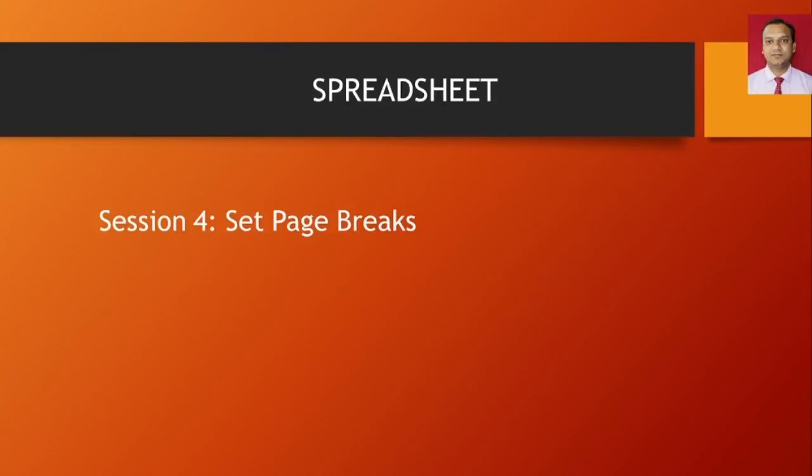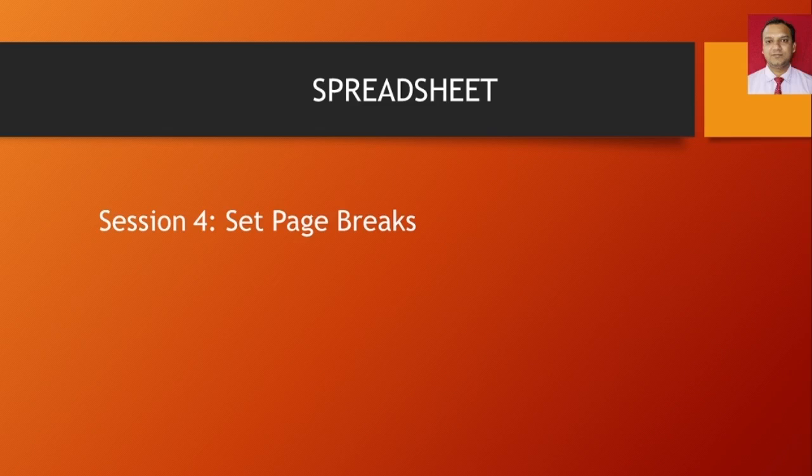I hope you have all gone through my previous sessions of spreadsheet till session 3. So in session 4, as I said, we will discuss this small micro topic which is on set page break. Now what is page break?